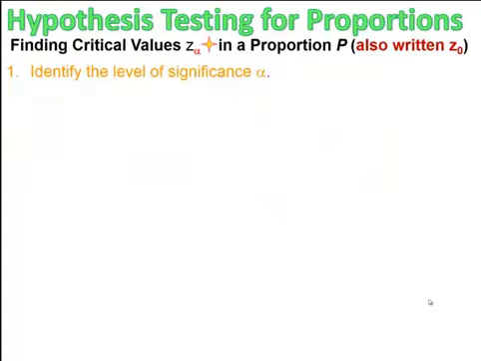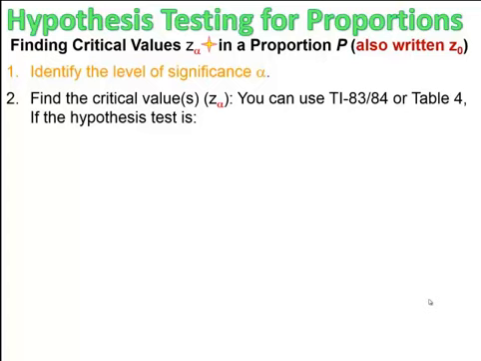So the hypothesis testing for proportions, finding the critical value, your z sub alpha or z sub 0 in a proportion p. The first thing you're going to do is identify your level of significance. Again, the critical value is based on alpha. To find the critical value, your z sub alpha, you can use the TI-83/84 calculator, or you could choose to look it up with the table.